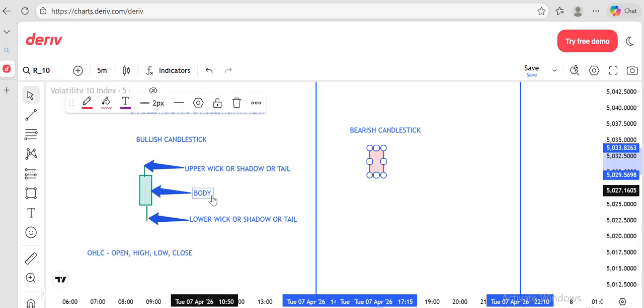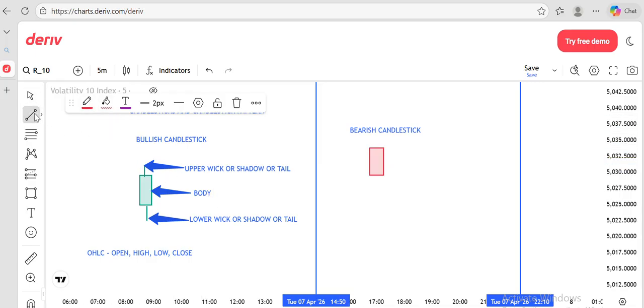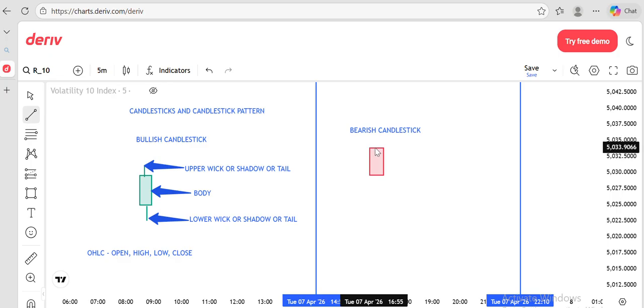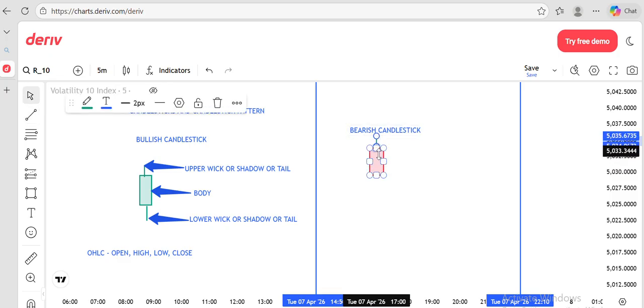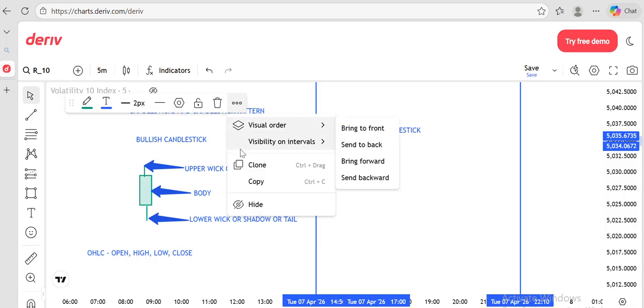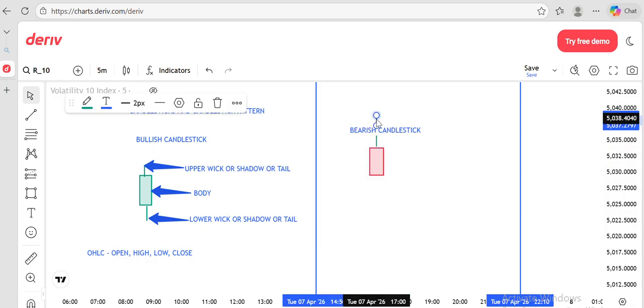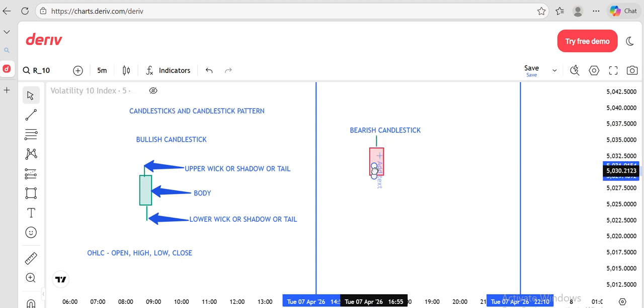The color does not really matter. It's for you to understand the concept. Of course, it has a wick, both up and down.